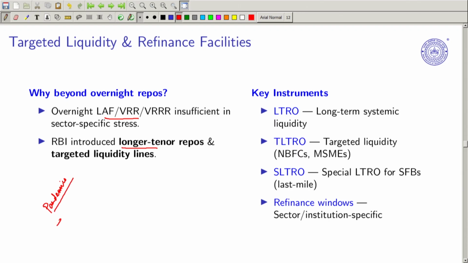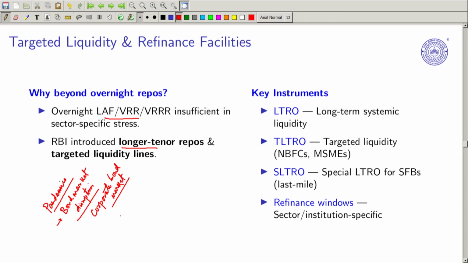One was the bond market disruption, especially the corporate bond market disruption. The majority of the bond holders were going for redemption, and it was a tough time for the corporate bond market. So in order to give support to this particular ecosystem, some instruments were adopted.